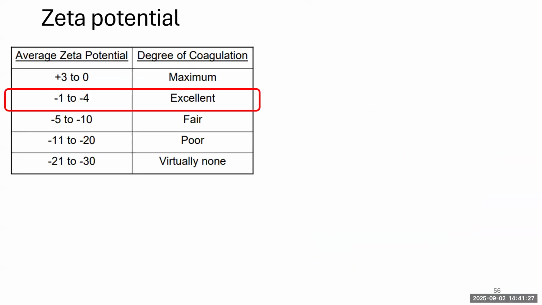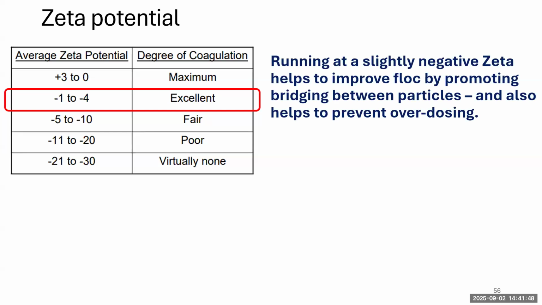We have negative charges in our turbidity in our water, a bunch of particles with little negative charges on them, and we add a coagulant with a positive charge. If all the positive and negative charges were equal, you'd have zero, which you would think would be the best, but it actually is best when you have it slightly negative.